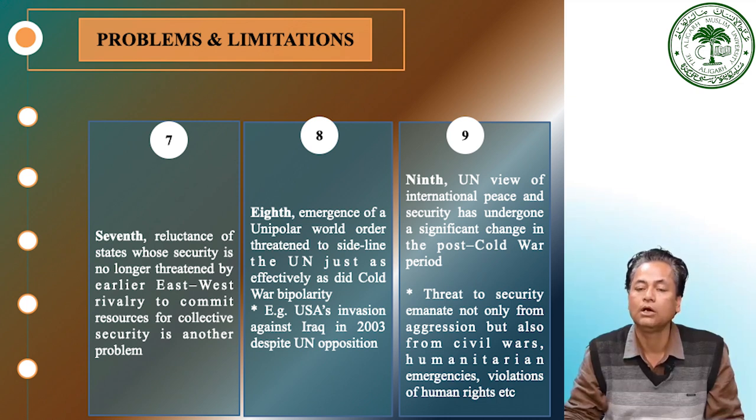So that shows how the unipolar movement was dangerous for the collective security provisions of the UN Security Council, and particularly the United Nations Security Council did not authorize the United States for its plan to attack Iraq in 2003, but despite the UN opposition, it went ahead because at that time there was no strong opposition by any other permanent member.